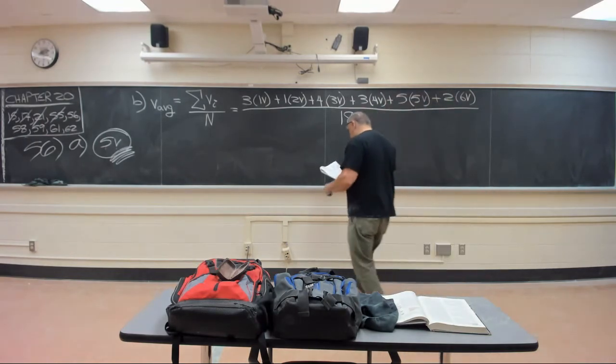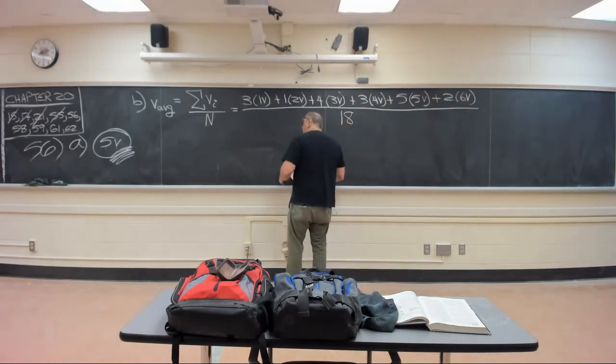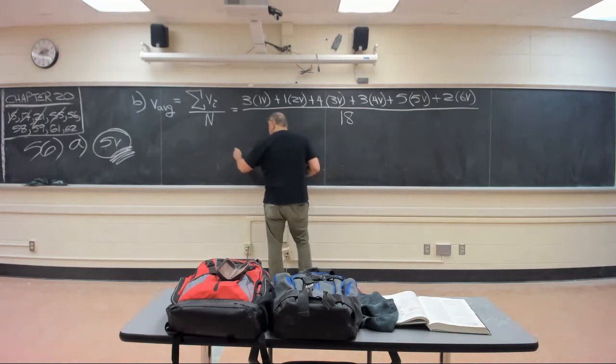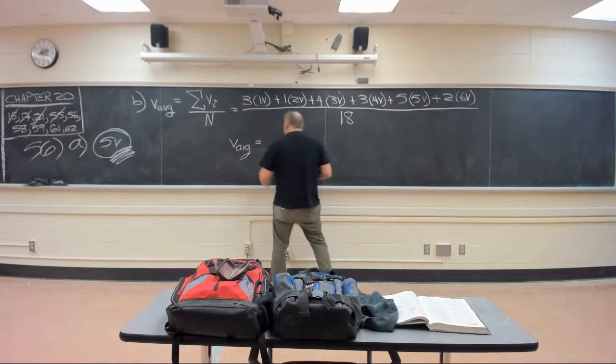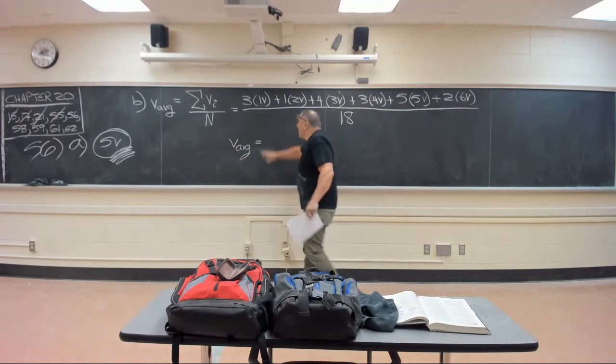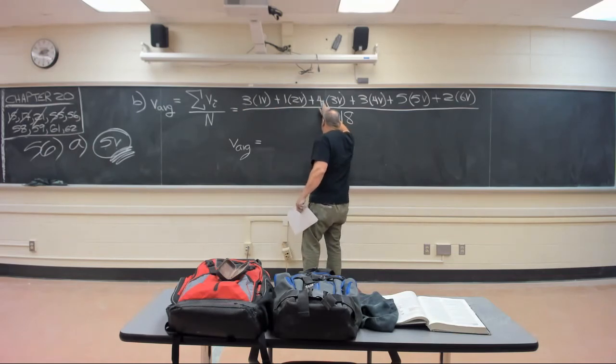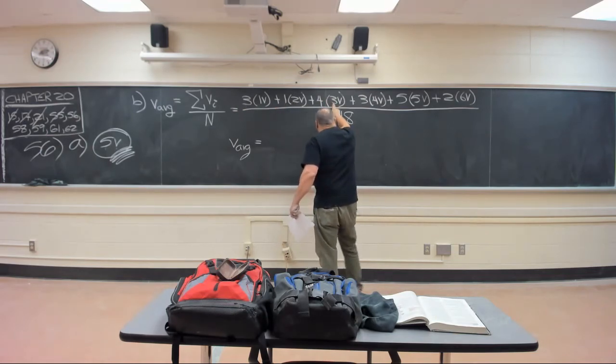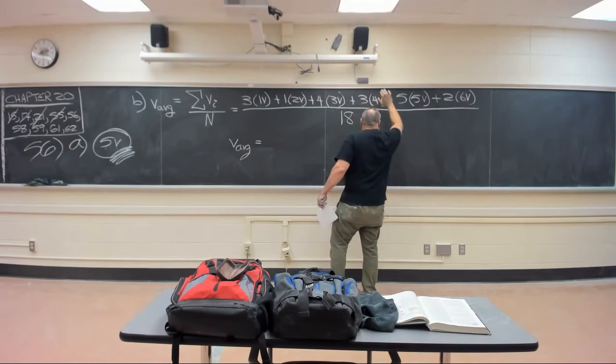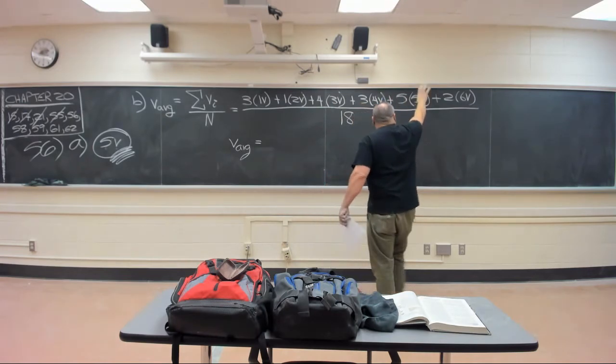I might want to leave that up there. It might be easier to look at. Let's get down to business. There's 3 particles traveling at 1v, 1 particle traveling at 2v, 4 particles, each one traveling at 3v, 3 particles, each one traveling at 4v, etc. 5 traveling at 5v. 2 traveling at 6v.